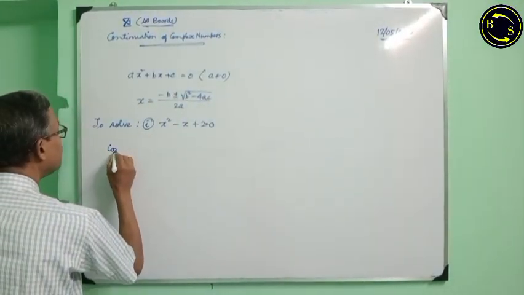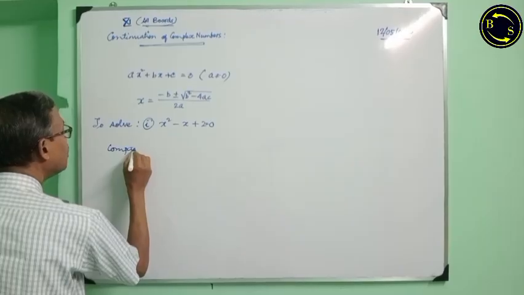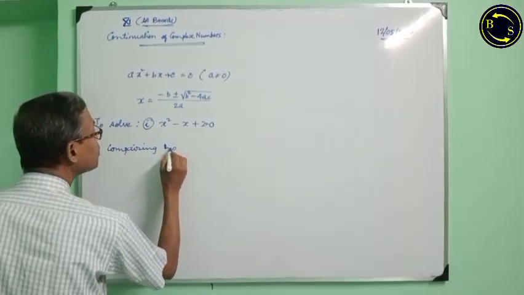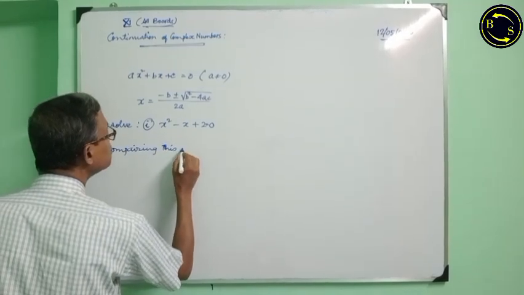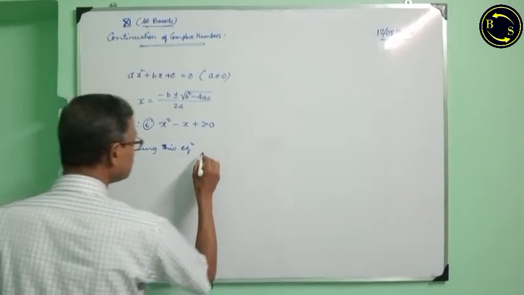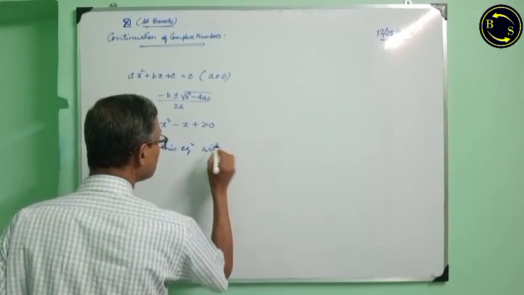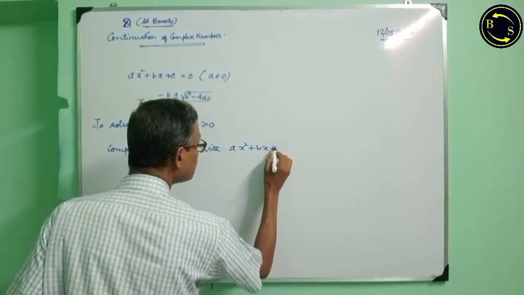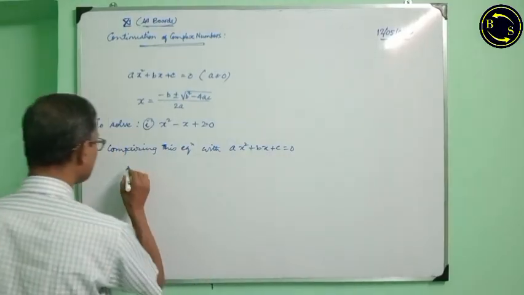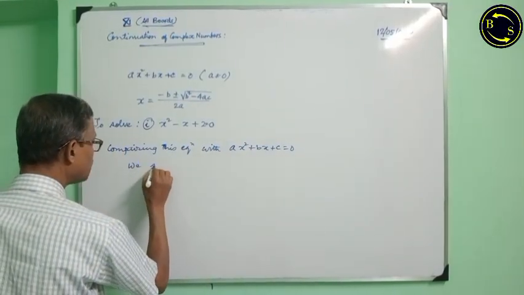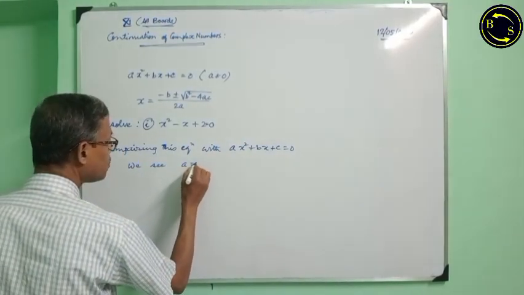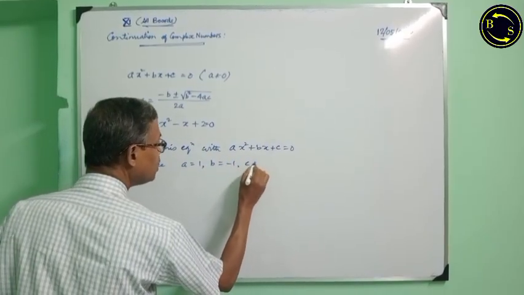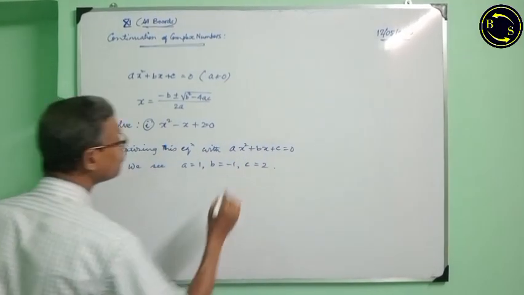Comparing this equation with ax square plus bx plus c equal to 0, we see a is equal to 1, b equal to minus 1, c equal to 2.